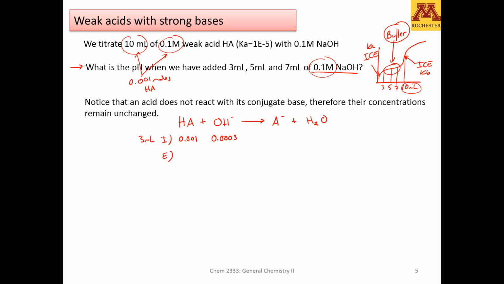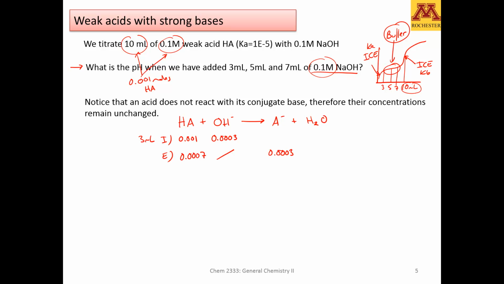And at the end, there is no need to add X here, because it's a reaction completely displaced to the right. What I have left is 0.007, and this limiting reagent determines that I have this much. I do not care too much about the water.